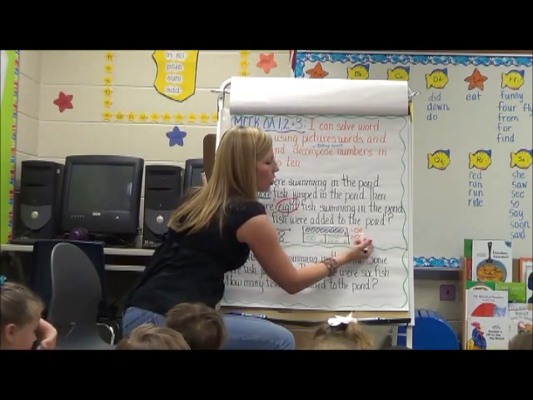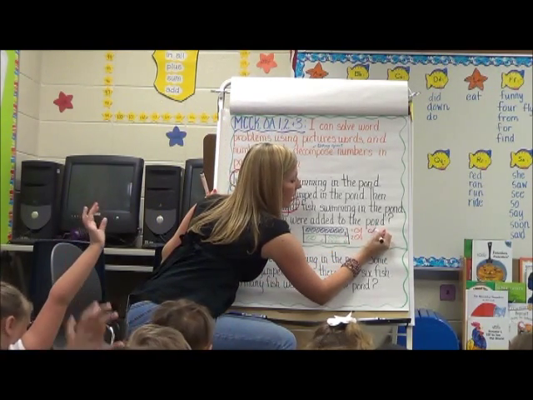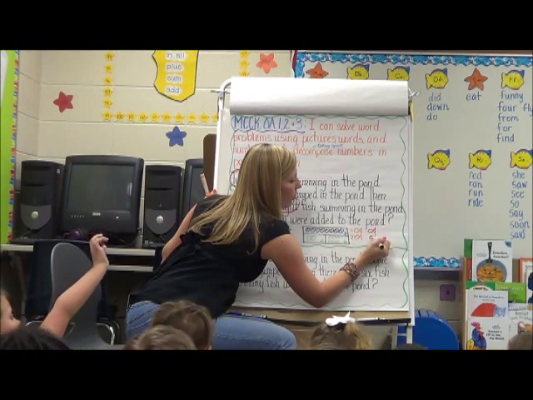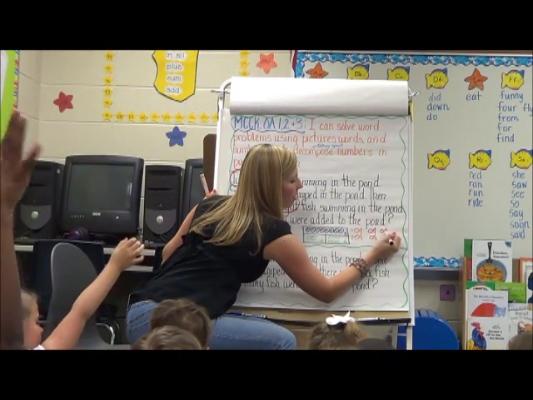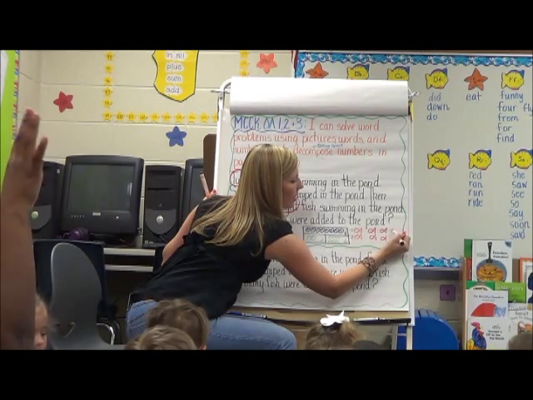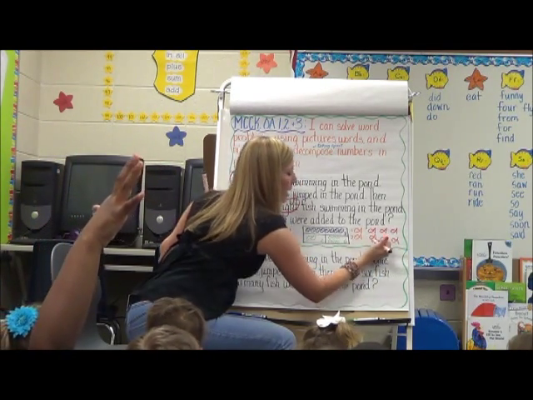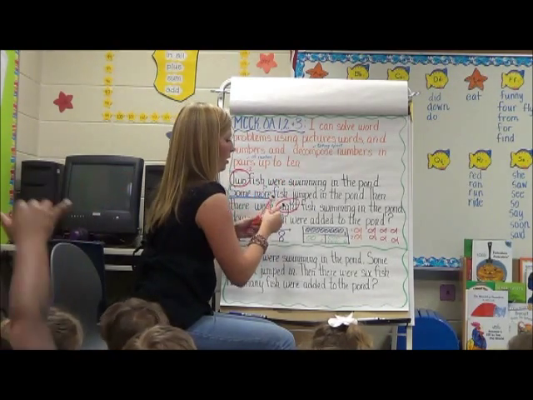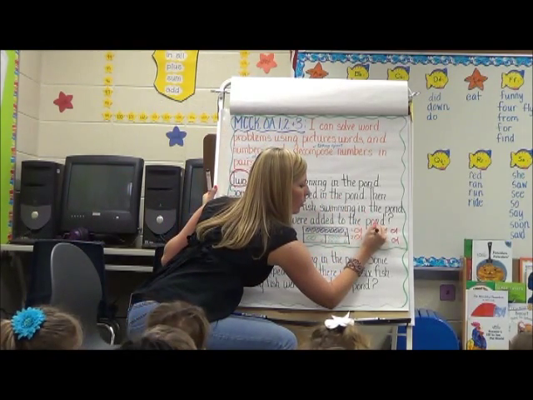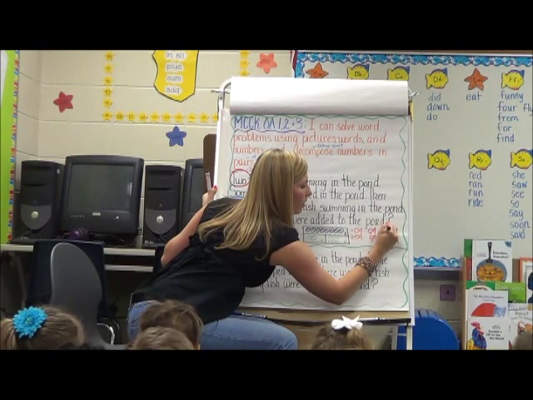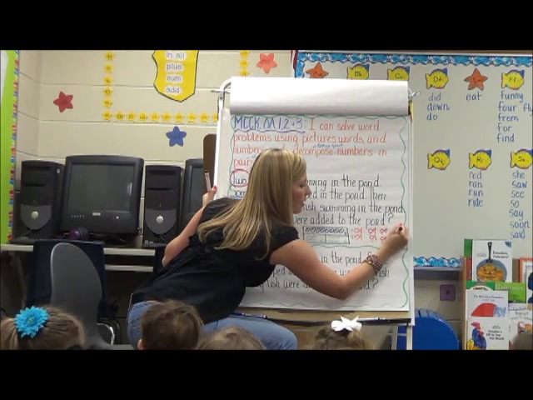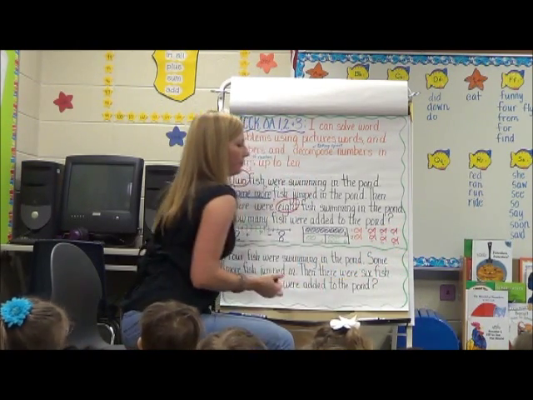So I've got 1, 2, 3, 4, 5, 6, 7, 8. So let's label those. I have 3, 4, 5, 6, 7, 8.